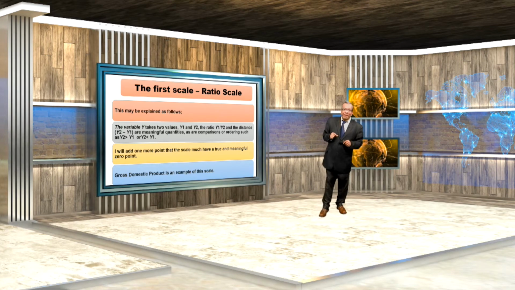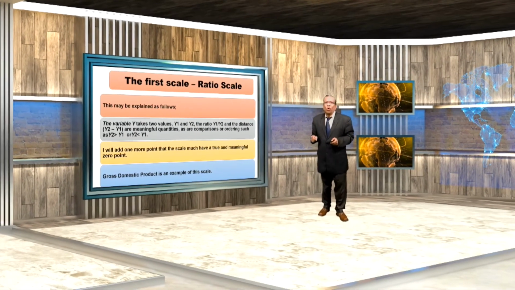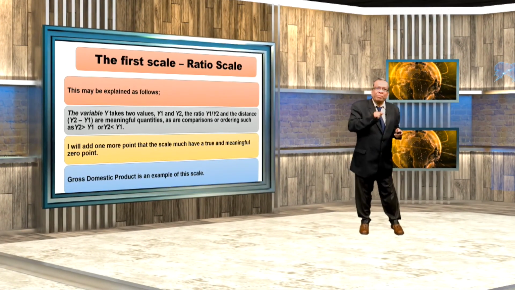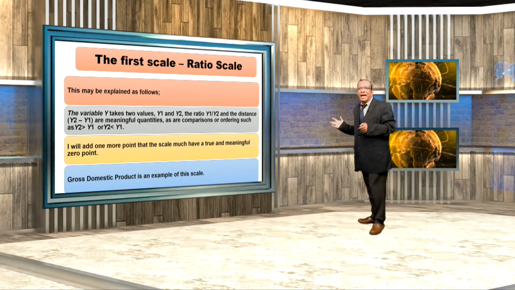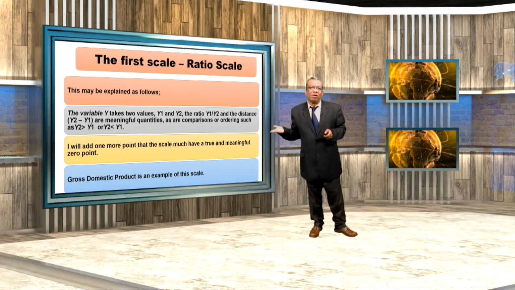Now this may be explained as follows. The variable y takes two values, y1 and y2. The ratio y1 divided by y2 and the distance y2 minus y1 are meaningful quantities, as are comparisons or ordering such as y2 is greater than y1 or y2 is less than y1.